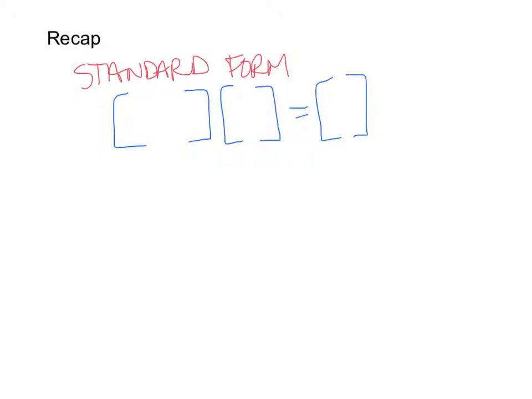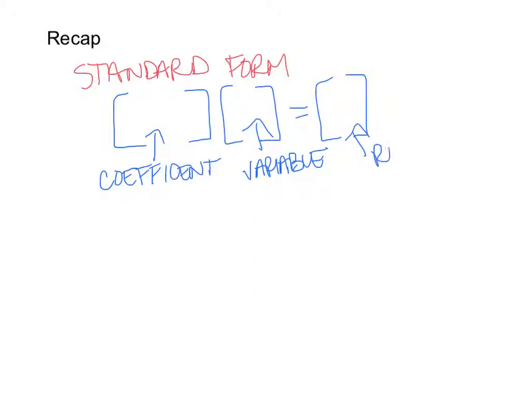The first one is the coefficient matrix. So you put all the coefficients in there. The second one is the variable matrix. That's where the variables go, and you make sure you have them in the right order from standard form. And that is the result matrix, or sometimes I call it the constant matrix. That's where you put everything that's on the other side of the equal sign.